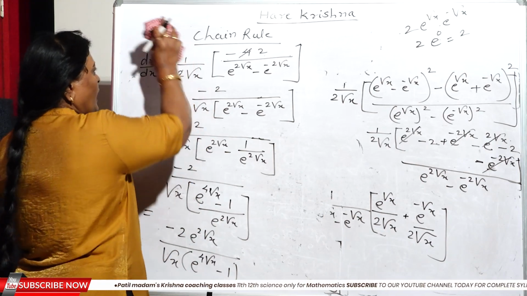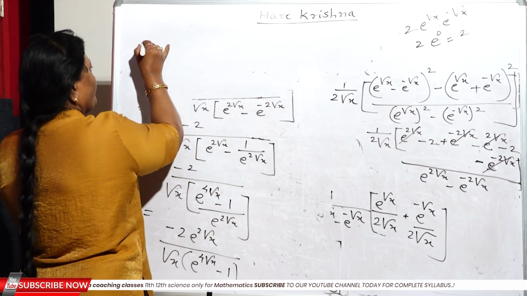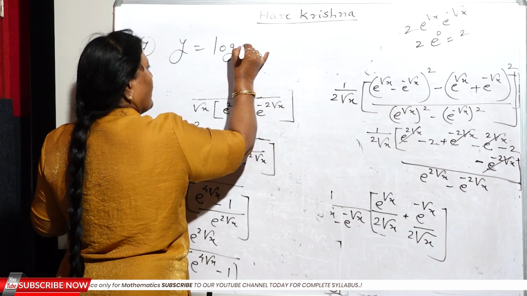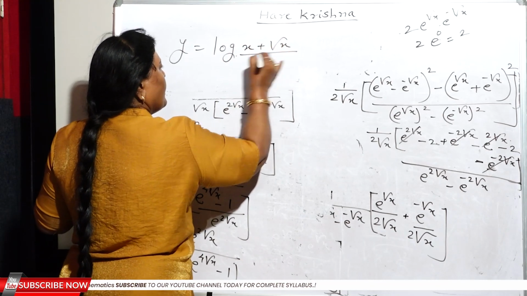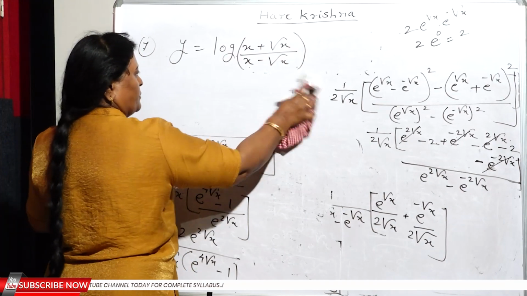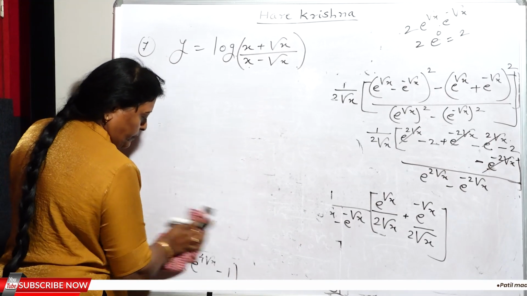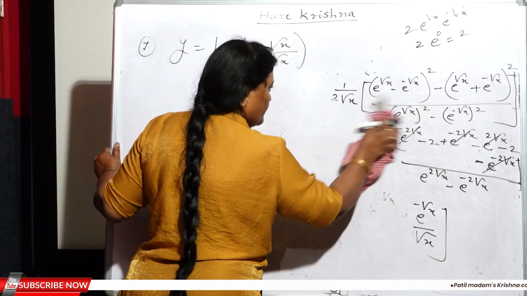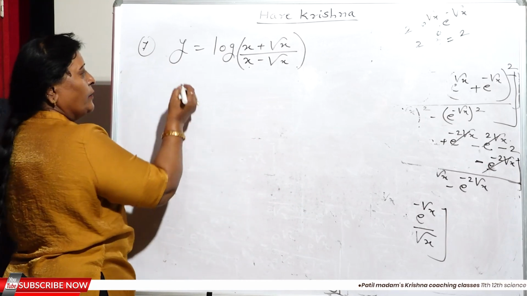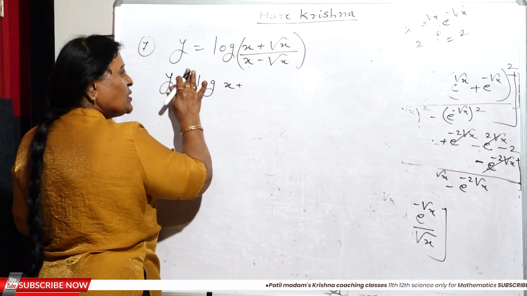Again, I will take the 7th example. See here, important example. Again, y is equal to log of x plus root x divided by x minus root x. Here again, y is equal to log of x plus root x, you can reduce this.